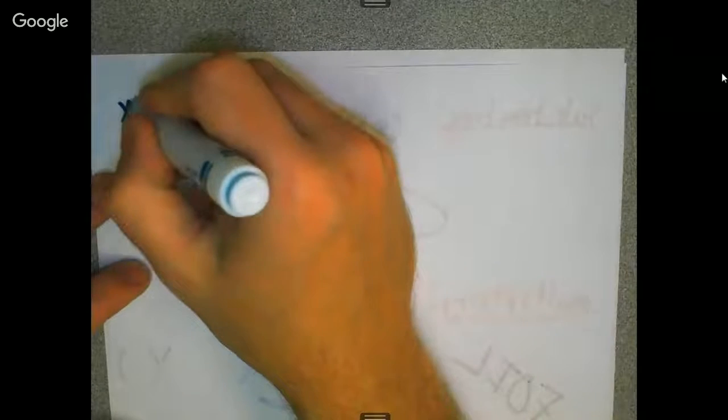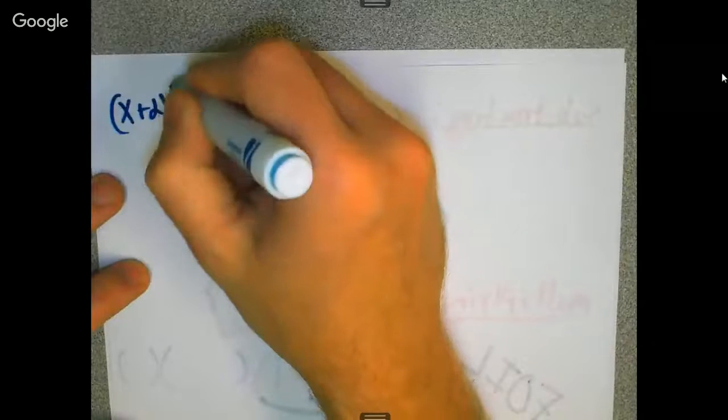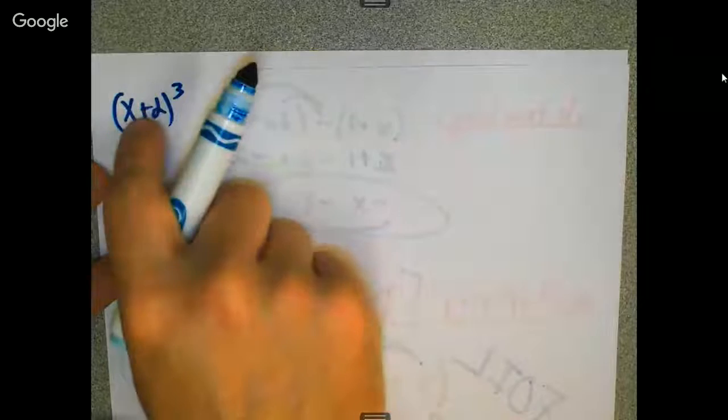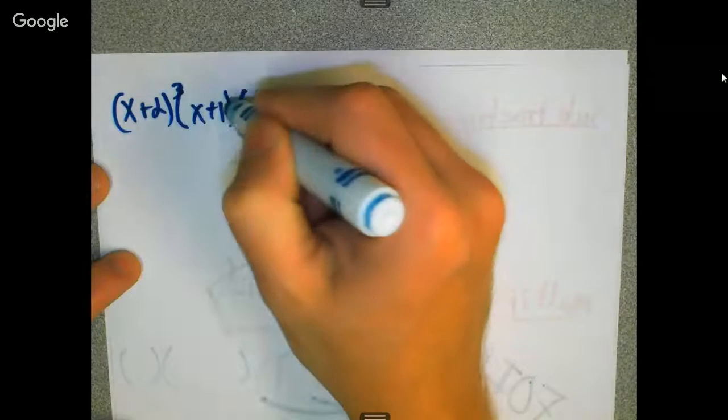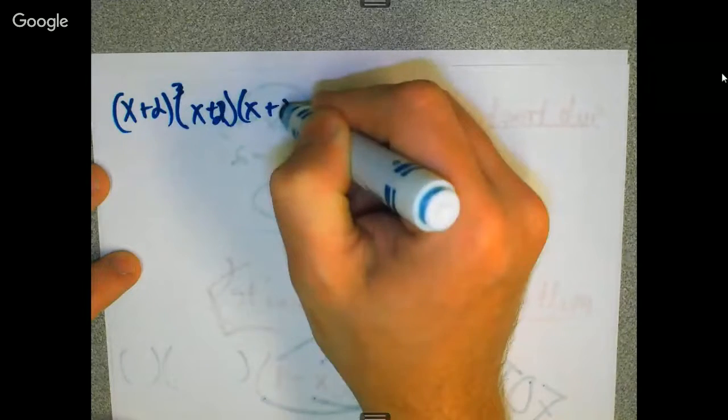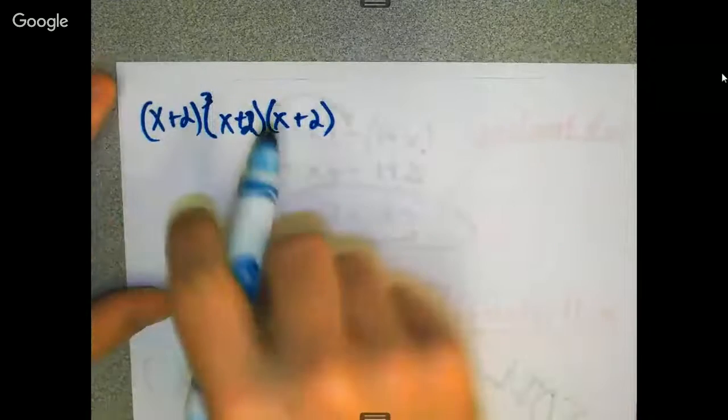Let's try maybe a harder one here. Find some paper. Okay, so let's look at x plus 2 to the third. Okay, that's telling you to take this base 3 times. So it's x plus 2, x plus 2, x plus 2. Okay, I got 3 of them.